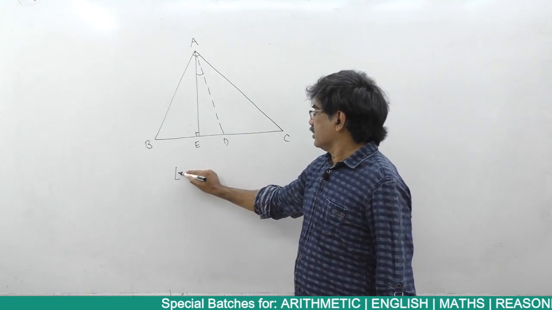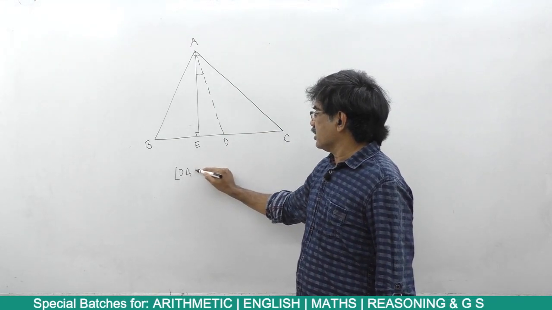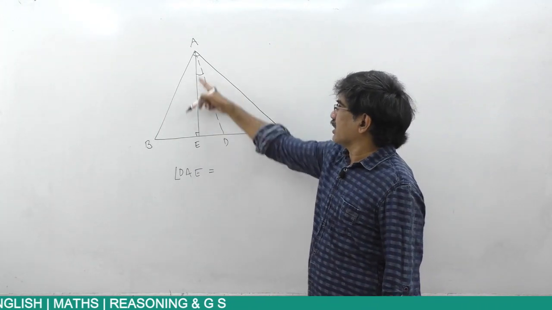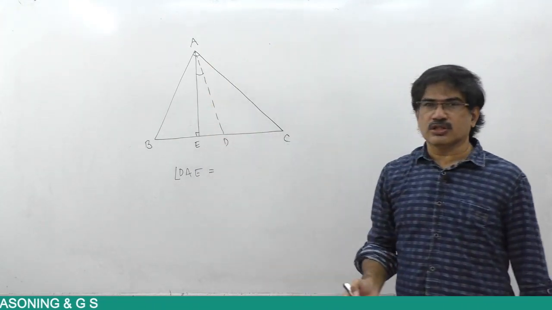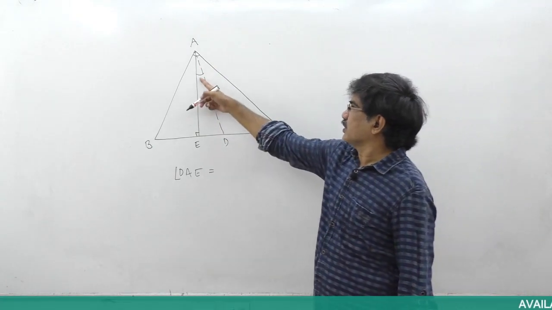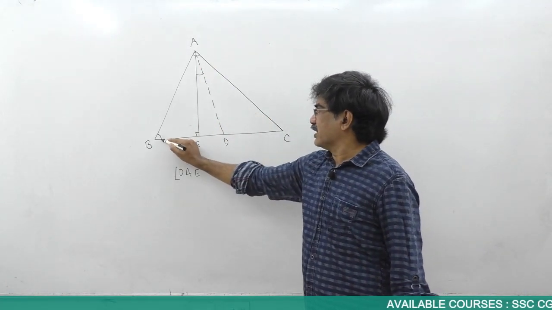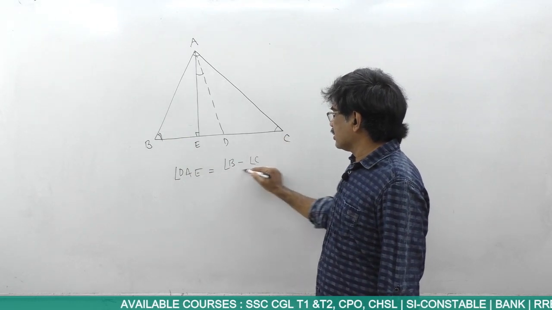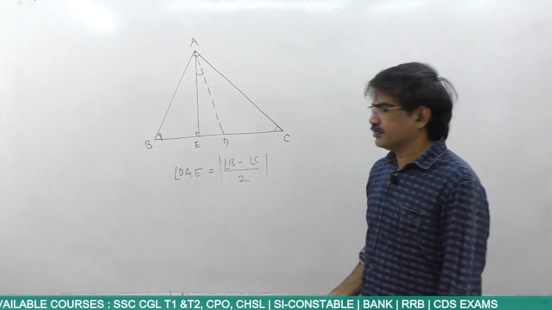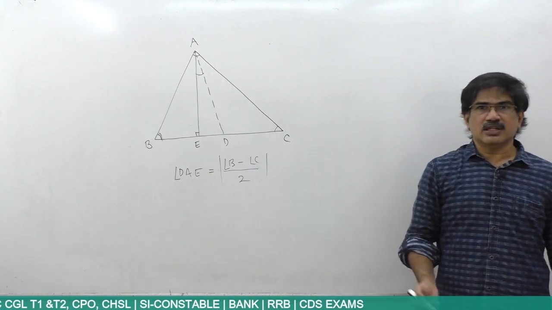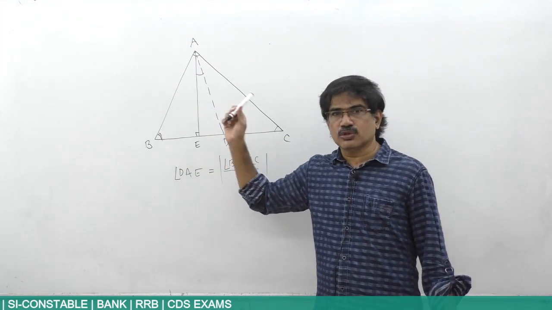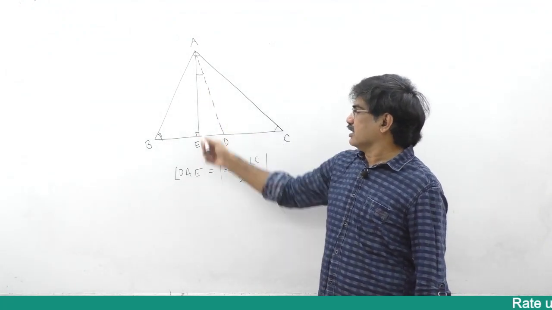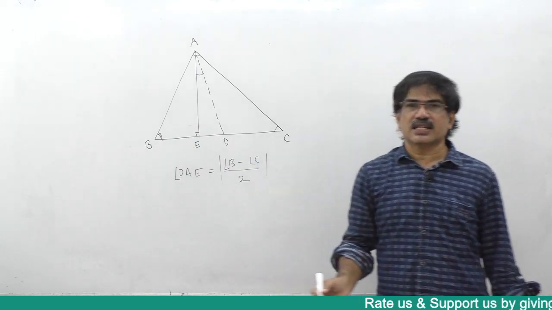Angle DAE is equal to how much? The angle between the angular bisector and the altitude drawn from the same vertex is equal to the difference of base angles by 2, that is modulus of angle B minus angle C by 2. The angle between the angular bisector and altitude drawn from the same vertex is equal to the difference of base angles by 2.